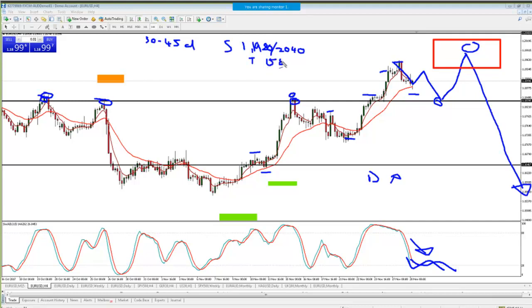Ultimately I'd like to see the euro push a little bit below that, because I would love to get long closer to 1450, looking for 123.